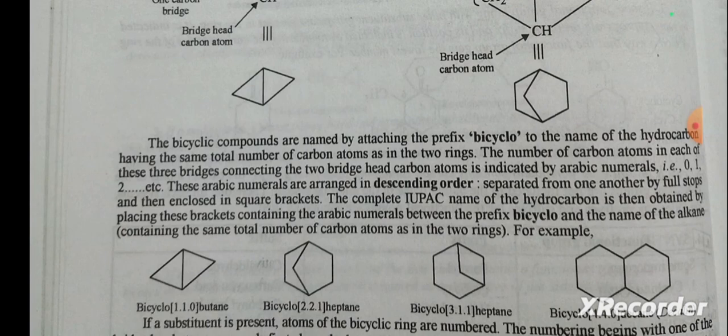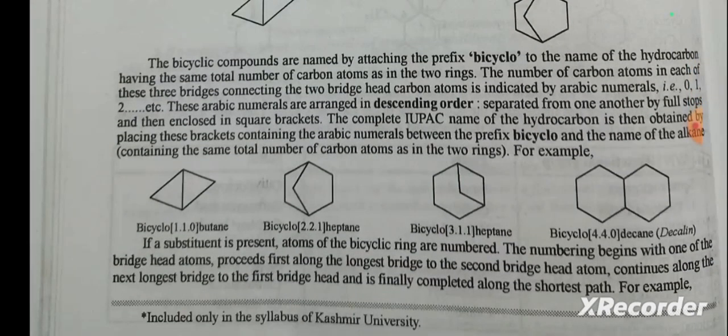The bicyclic compounds are named by attaching the prefix bicyclo to the name of the hydrocarbon having the same total number of carbon atoms in the rings. The number of carbon atoms in each of the three bridges connecting the two bridgehead carbon atoms is indicated by Arabic numbers 0, 1, 2, etc. These numbers are arranged in descending order, separated from one another by a full stop, and then enclosed in a square bracket.